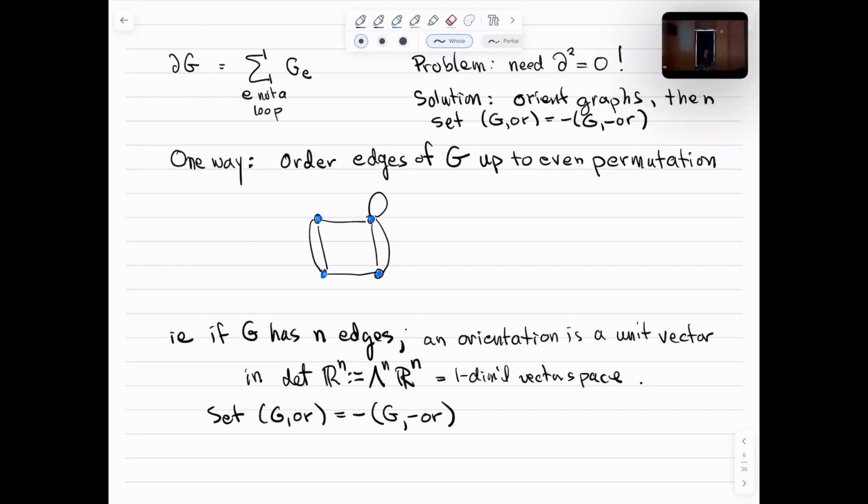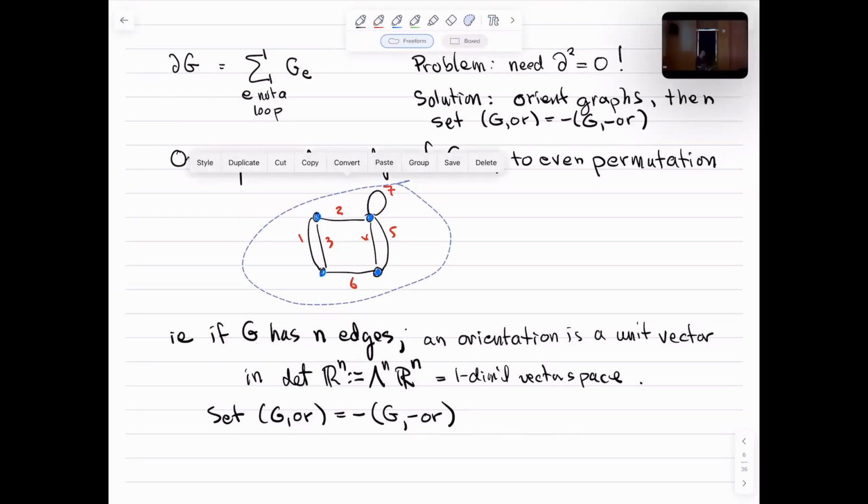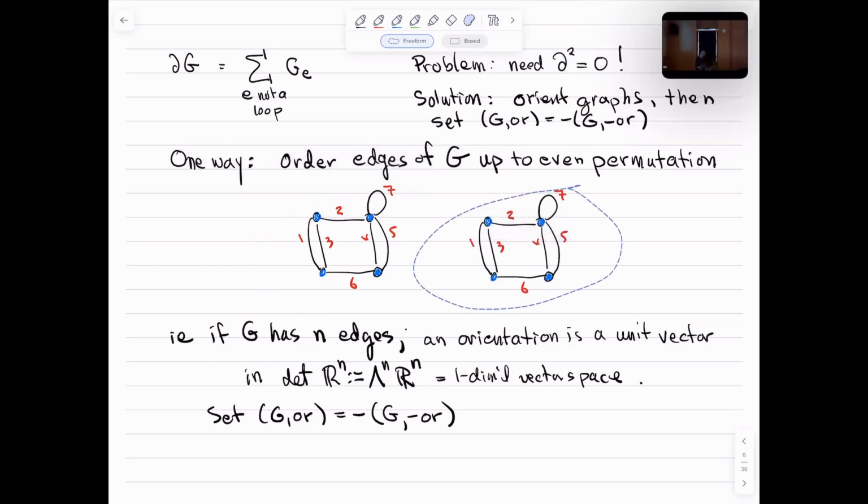Well, one way is to order the edges, with graphs considered up to even permutation. So I can do, say, 1, 2, 3, 4, 5, 6, 7. So that's an orientation on this graph, and I want to say it's the same as, well, let's do an even permutation of the numbers here.